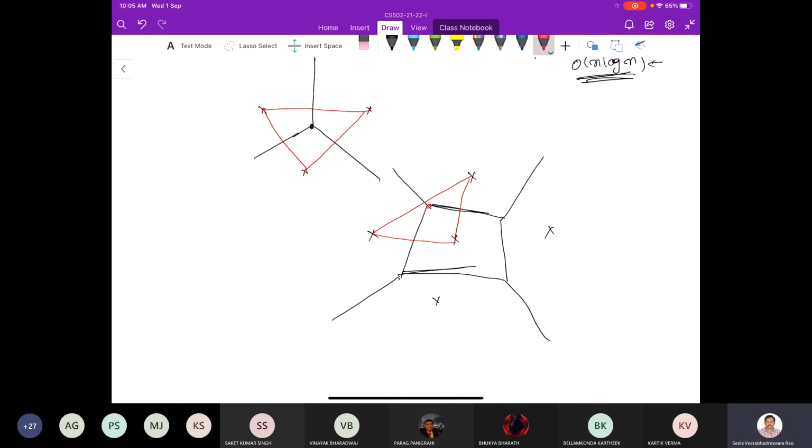And if you take a circumcircle passing through these 3 points, you see this circle does not contain any other sites.